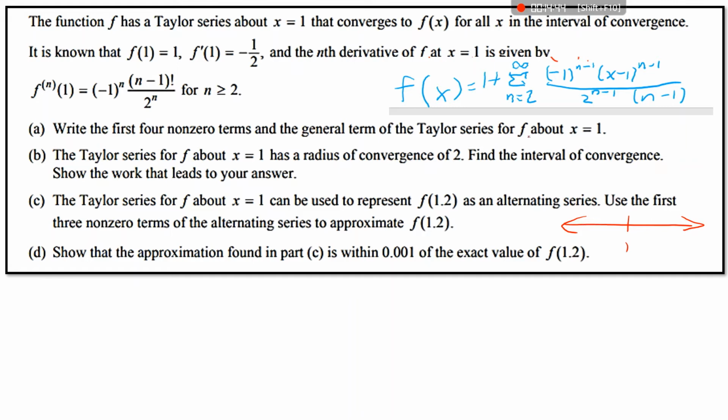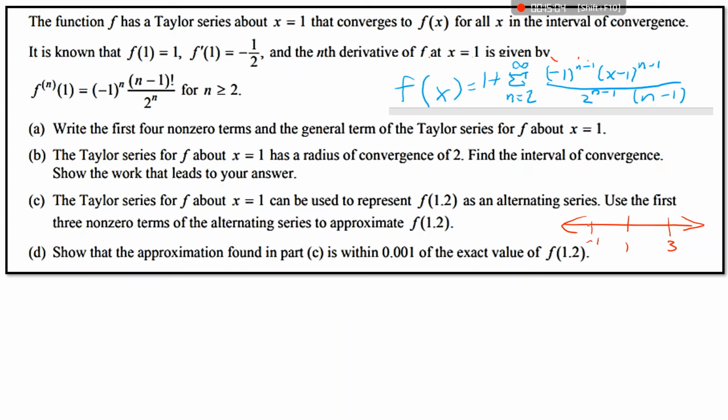If my radius of convergence is 2, then that means my total interval should be how much? 4. Okay, so this should go from what number to what number? From -1 to 3.